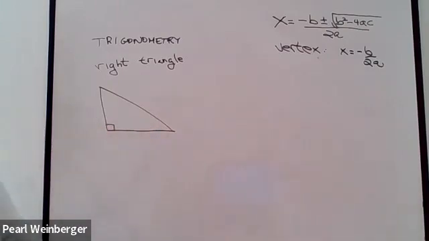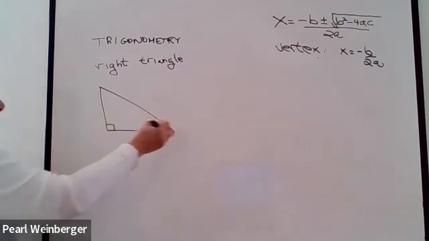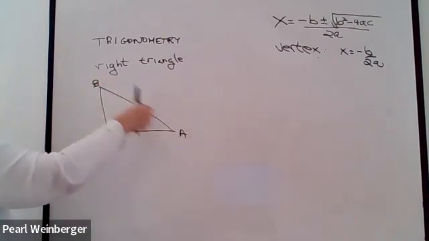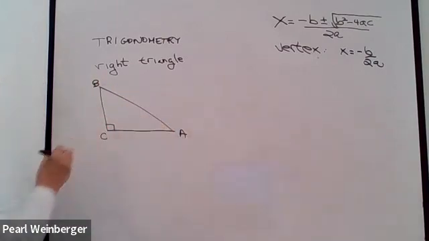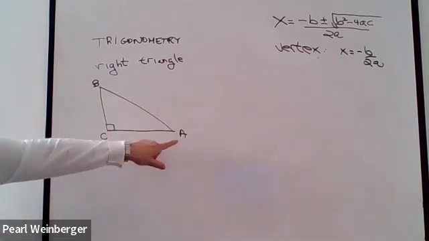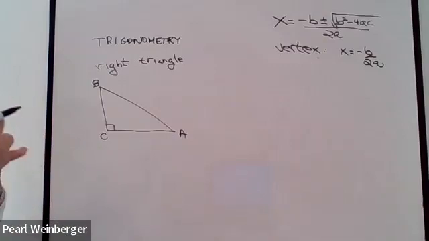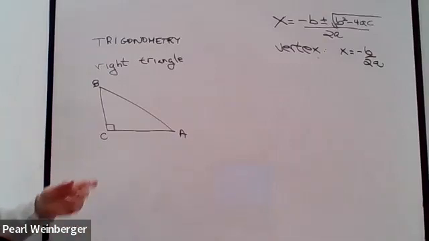Usually we use three letters to name a triangle. They're capital letters at what we call the vertices, the corners of the triangle. I can call this one A, this one B, this one C. I could call it D, E, F if I wanted to.